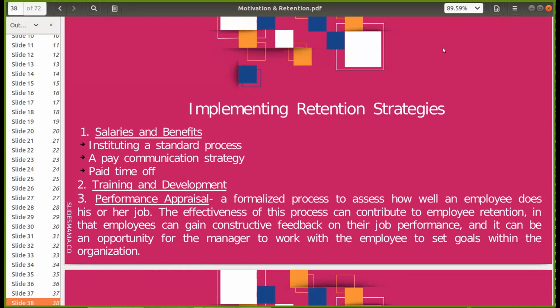Kumbaga based sa number of hours work, may kinikita o binabayaran si employee. So ito ay babalikan yung policy, so it can create fairness for the salaried employee, especially doon sa mga empleyado na nag-work more than the required 40 hours a week.